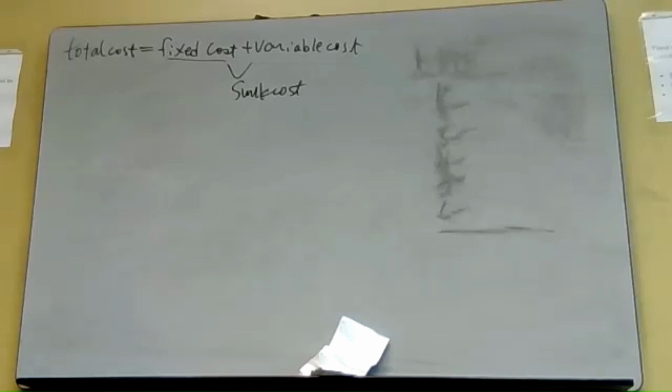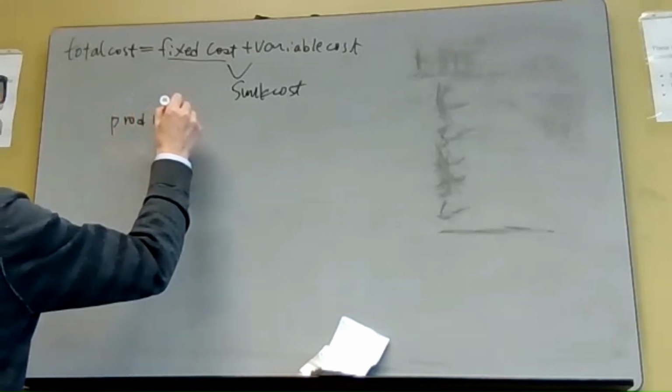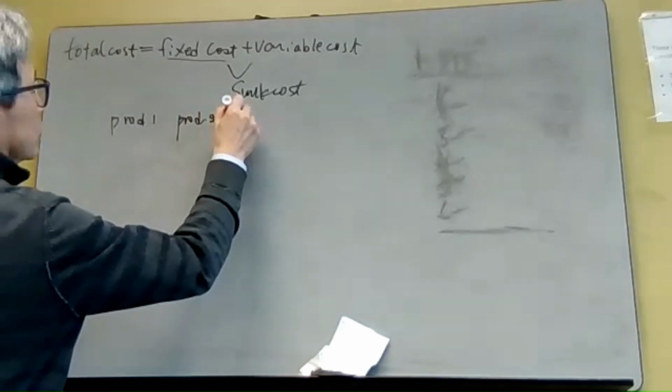Okay, so now for the example: Remington Manufacturing produces 3 different types of products. Product 1, product 2, product 3.